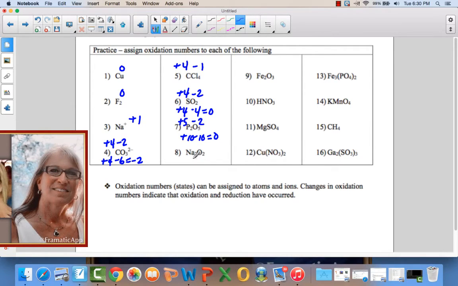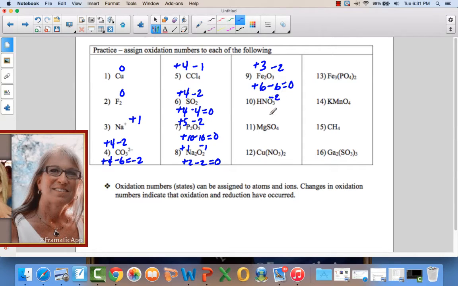Here's our exception to the rule, Na2O2. So Na is +1 times 2 is +2, so this has to be equal to -2. -2 divided by 2 is -1. There's our peroxide. Oxygen's -1. Oxygen is -2 times 3 is -6. This has to equal 0. This has to be +6. +6 divided by 2 is +3.